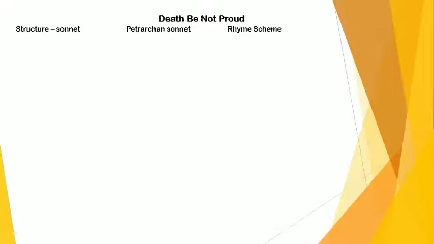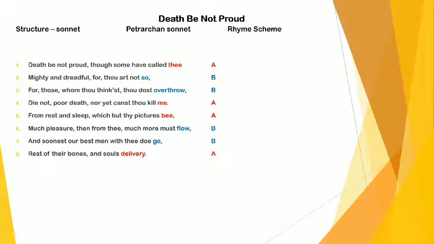If we look at John Donne's poem Death Be Not Proud, then we see the first stanza is of 8 lines with the rhyme scheme A B B A A B B A. Look at these lines and look at the highlighted ending word of each line. The first line ends with the word thee, second line with so, third with overthrow. So overthrow and so rhyme together.